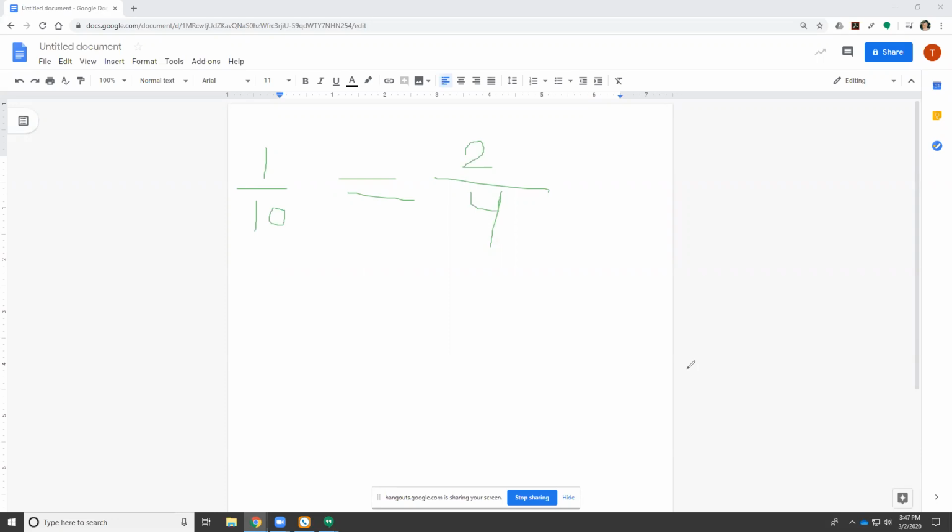So would 1 piece out of 10 pieces be the same as half of a pizza? Would it? No. So this would be a half. And then is this the same as this? No, so they're not equal.